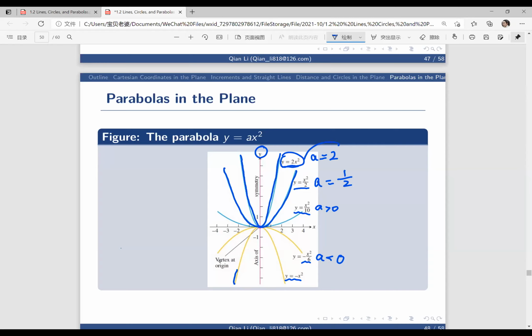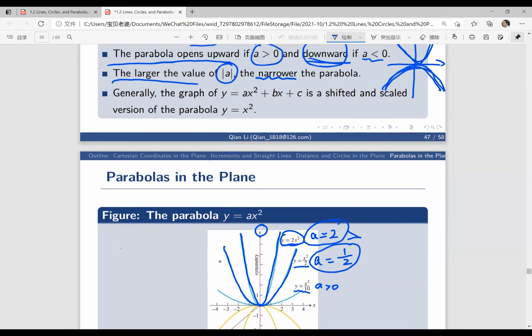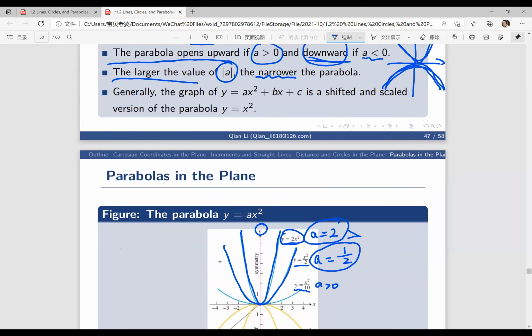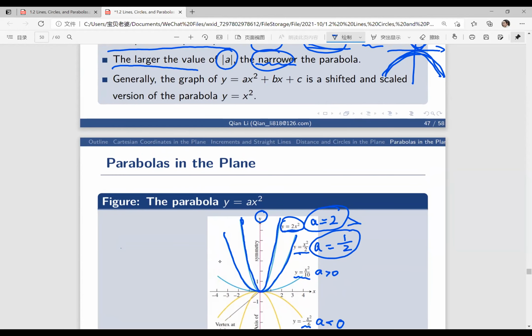And this 2 is larger than 1 over 2, right? Yes. And then we can get that this parabola is narrower than this parabola, right? Okay, this is parabola, this is parabola, okay?